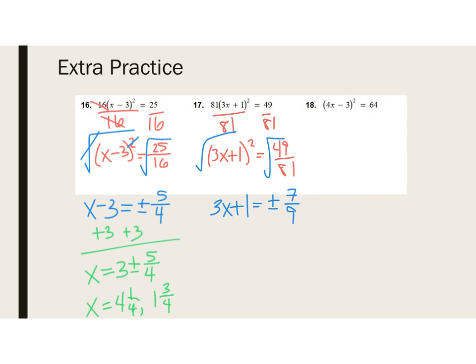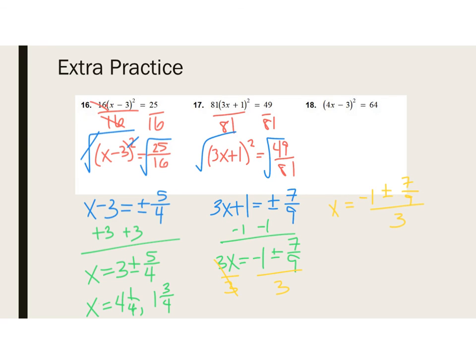Okay, we've got a couple of steps here. The next thing you're going to do is subtract the 1. You're going to put the 1 in the front, because you want your plus or minus thing at the back. And then you're going to divide by 3. You're going to divide everything by 3. So at the moment, that looks like -1 plus or minus 7/9 over 3.